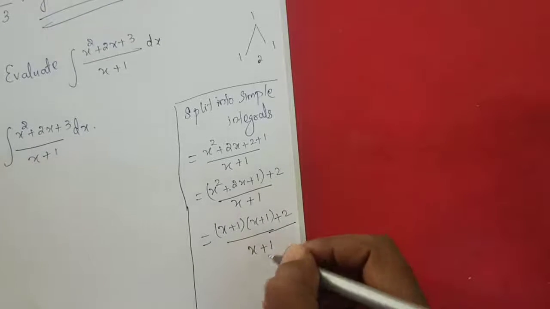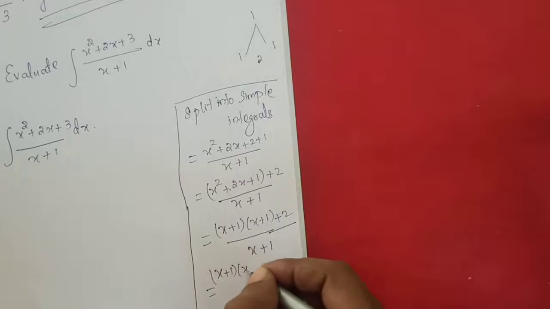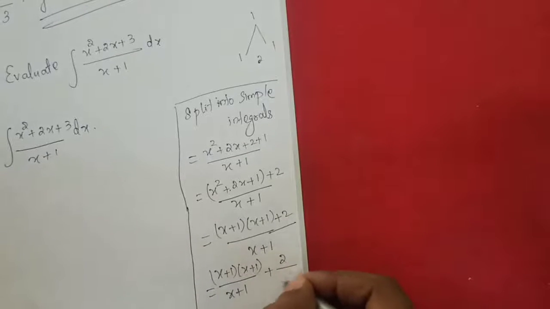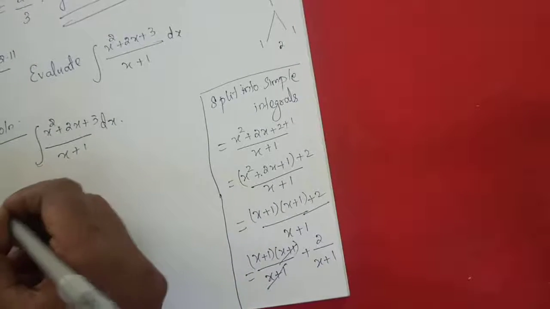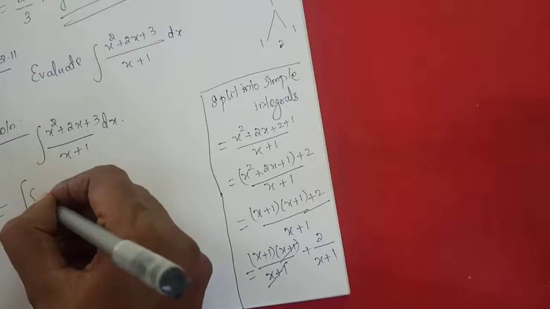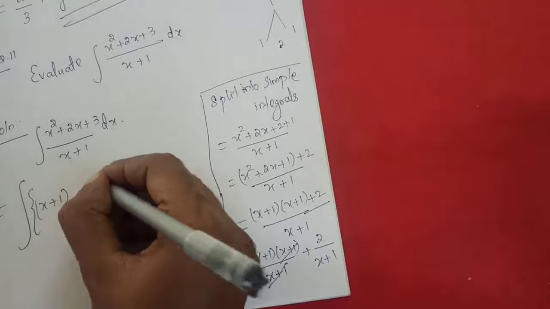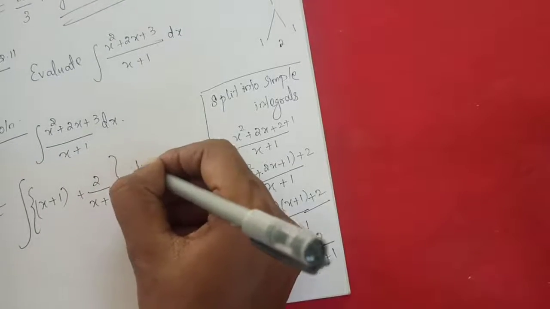So divide each term: (x plus 1) into (x plus 1) divided by (x plus 1) plus 2 divided by (x plus 1). So x plus 1 cancels, and you get the remaining. Now you can integrate: (x plus 1) plus 2 divided by (x plus 1) dx.